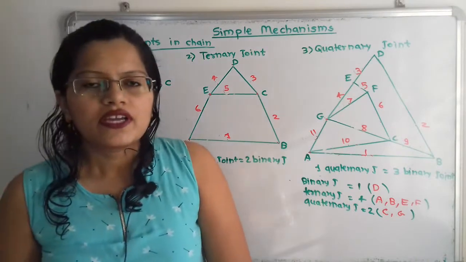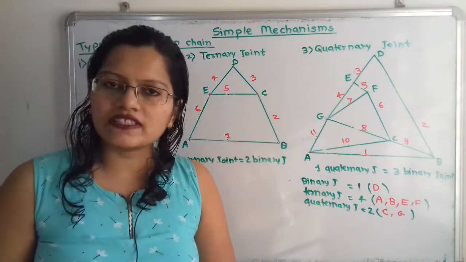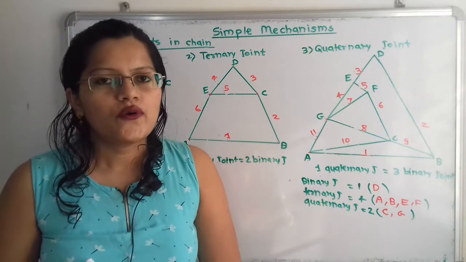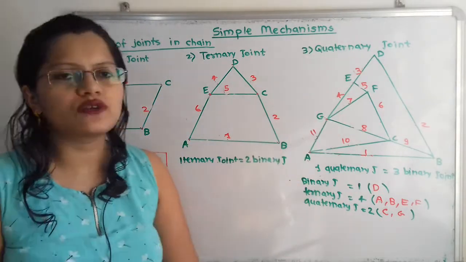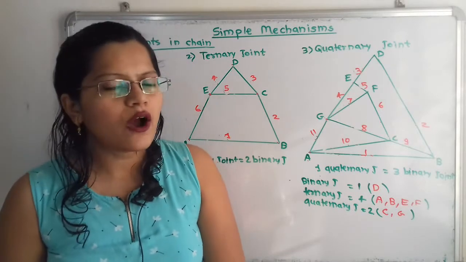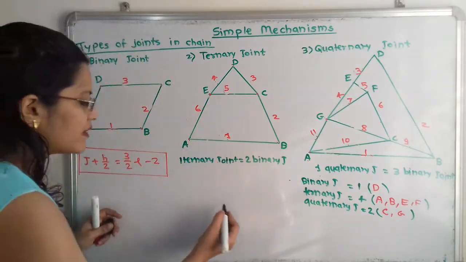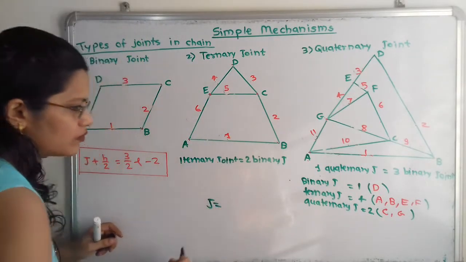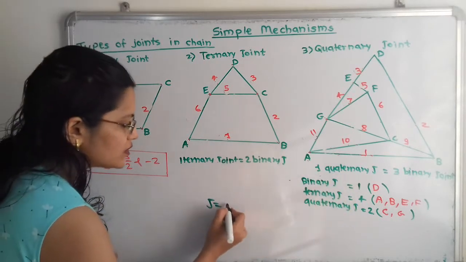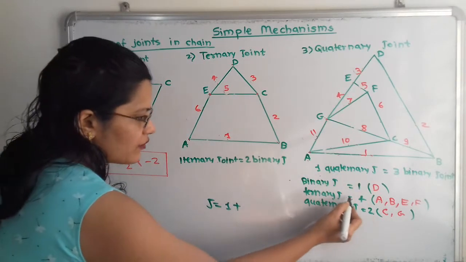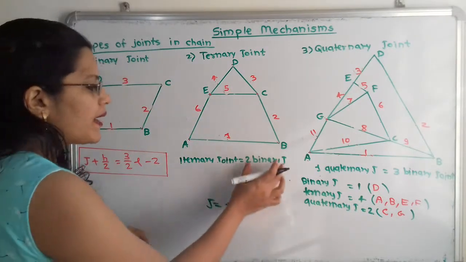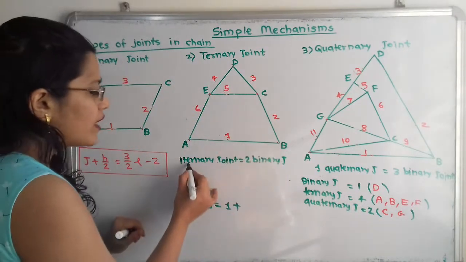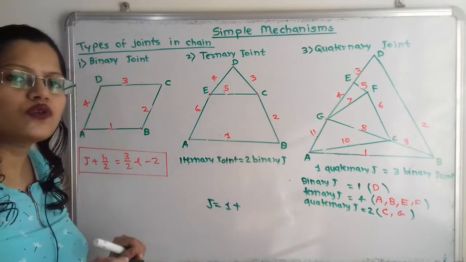But now if we have to decide whether it is a kinematic chain or not, we have to first convert these ternary and quaternary joints into binary joints. So how to decide the binary joints? So I will calculate here J is equal to, the first, that is 1 binary joint, plus. Now here are 4 ternary joints. So how many binary joints are there? One ternary joint is equal to 2 binary joints.